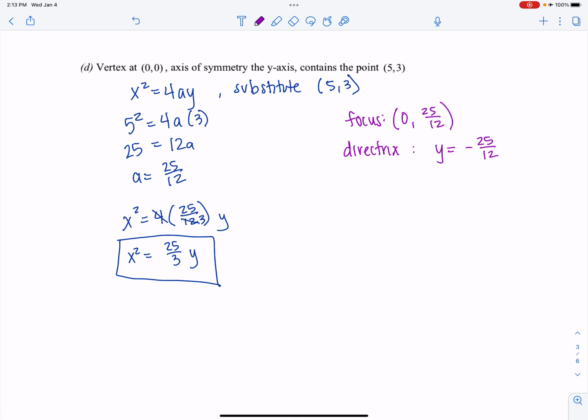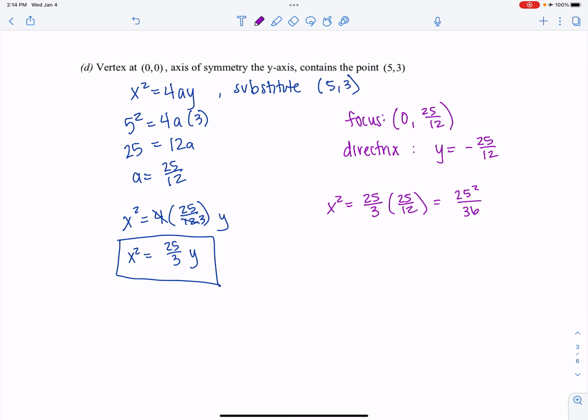So using this information, we can find our 2 points. We'll use x squared equals 25 over 3 times 25 over 12, pulling from our focus. And so this will give us 25 squared over 36.